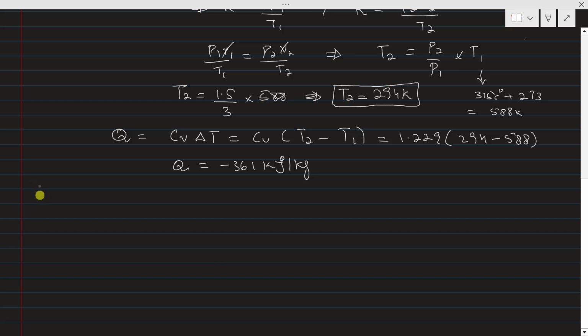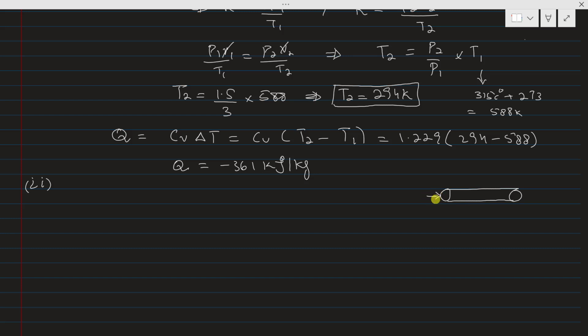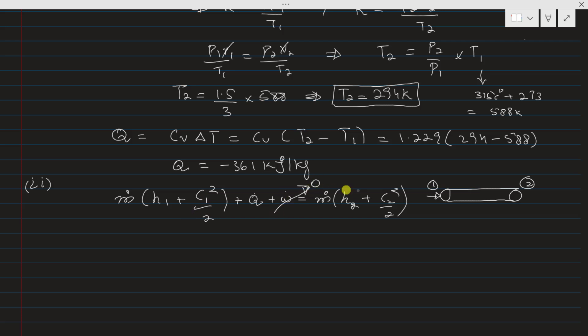Now we will find the heat rejection in the second case, when there is a pipe and perfect gas is flowing in it. So here is condition 1, here is condition 2. I apply the steady flow energy equation. The work input is 0, and the change in kinetic energy is also equal to 0.